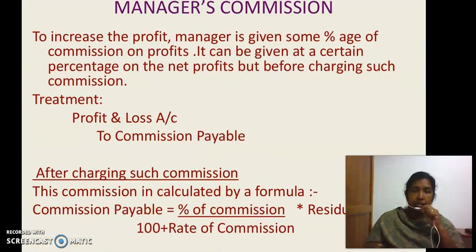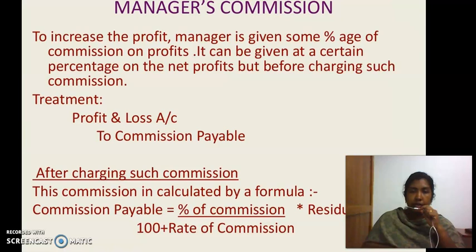Then the last one is manager's commission. Manager's commission is meant to increase the profit. The manager is given some percentage of commission on profit. It can be given at a certain percentage on the net profits, either before charging such commission or after.